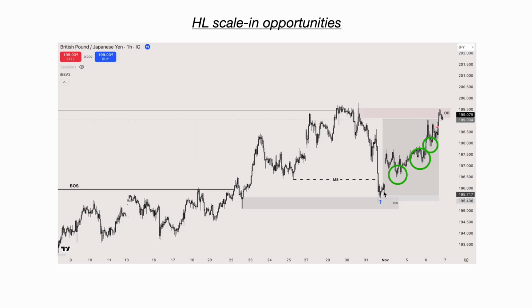And higher low scaling opportunities: we have price giving a massive gap upwards, showing buying pressure coming in to show that the gap has been filled and there's bullish momentum. A little test gives us another higher low, sweeping a little more liquidity within that range. More higher low sweeps of liquidity that we can enter on.